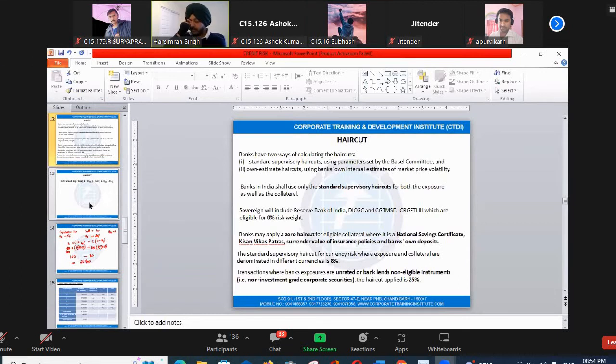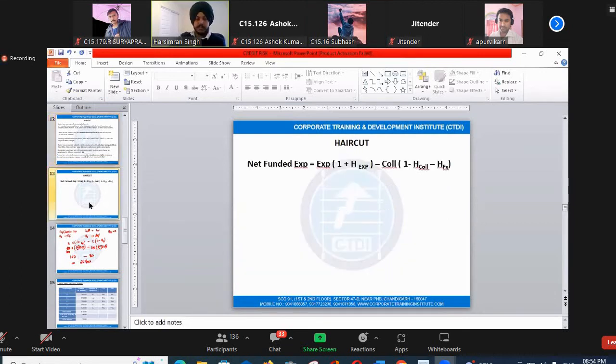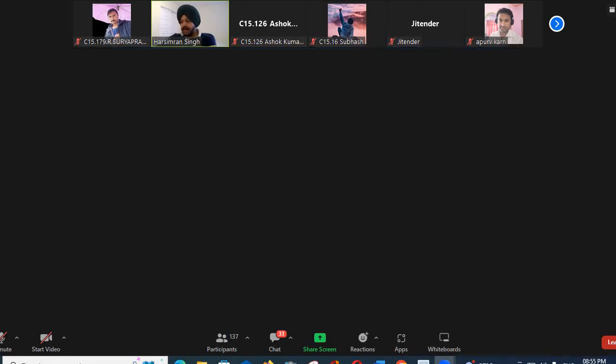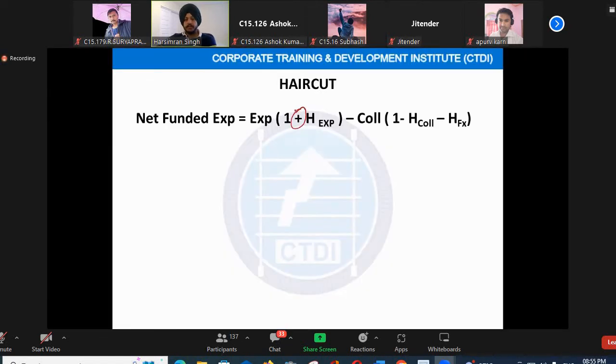आप इसको इस तरह से याद रखना, बस एक चीज, यह question आता है: whatever is the haircut on exposure that is added, whereas whatever is the haircut on collateral that is subtracted.